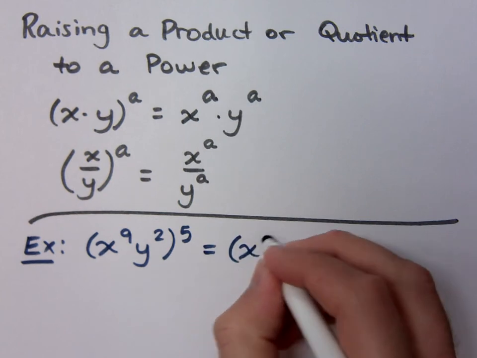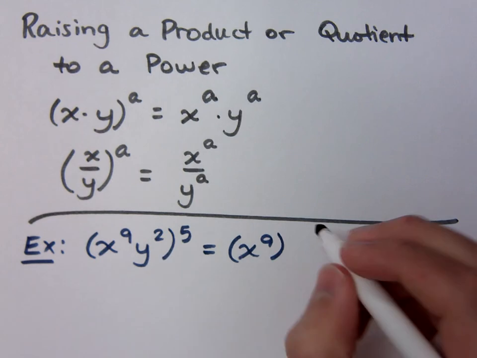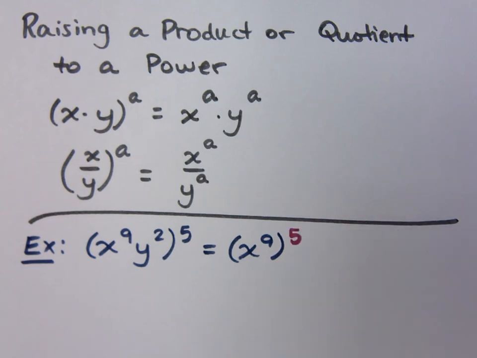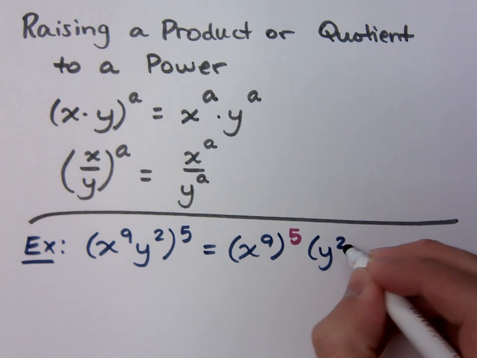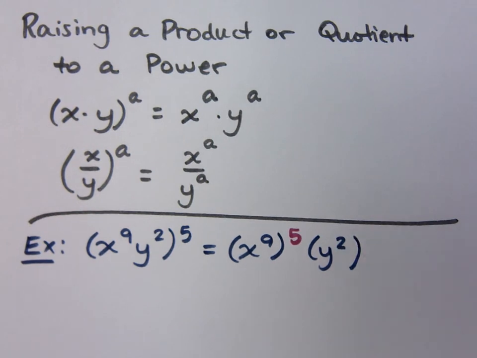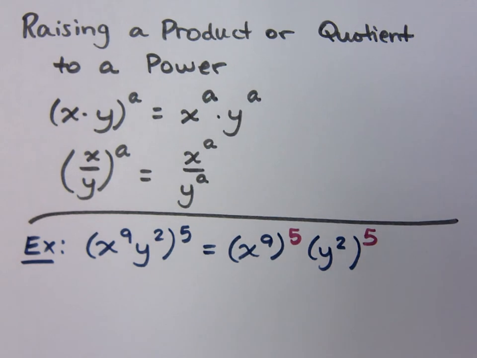So x to the 9th will be raised to the 5th power. Likewise, y squared is also raised to the 5th power. We usually will not write this step because it's so easy that we don't need to.